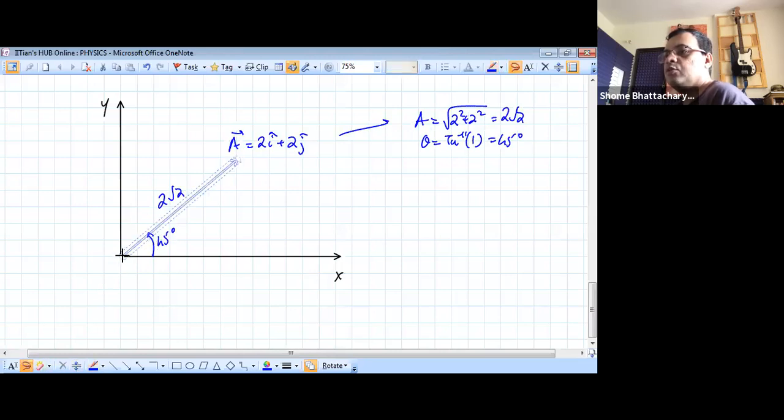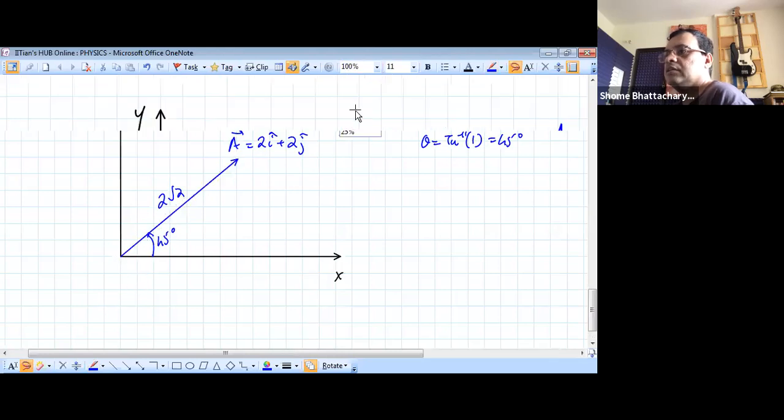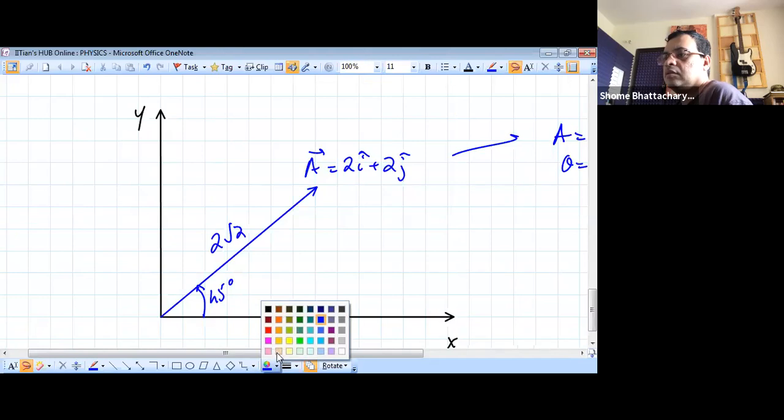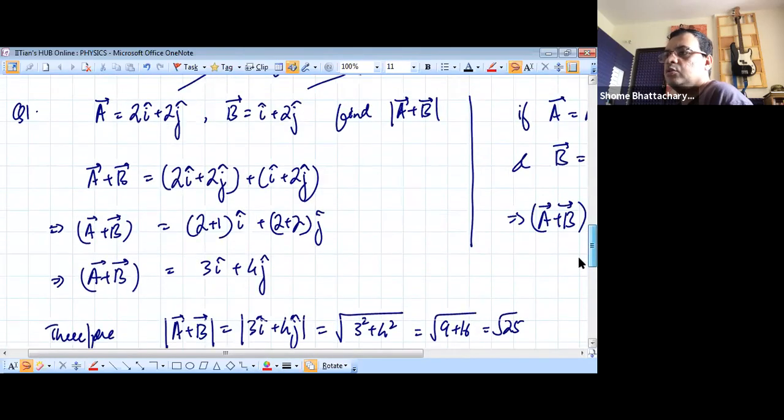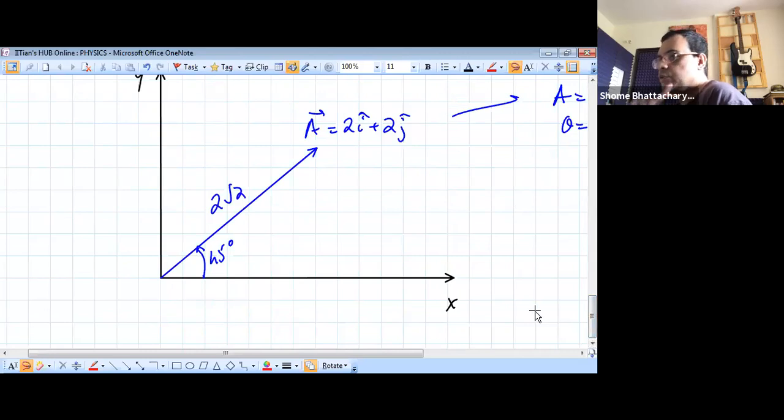But similarly, we have to draw for B also. Now for B, life is a little more complicated. For B, the vector is, what was it now, i cap plus 2j cap. So that vector will look something like this. Its y component will be the same, but its x component will be half. So B is some vector like this, let's say.